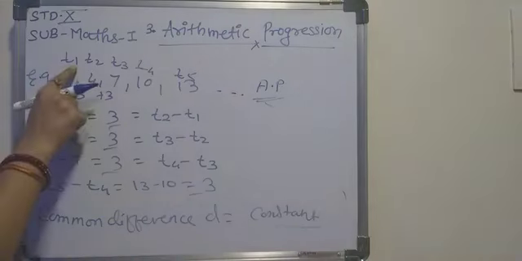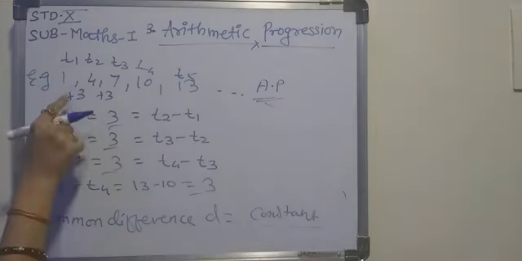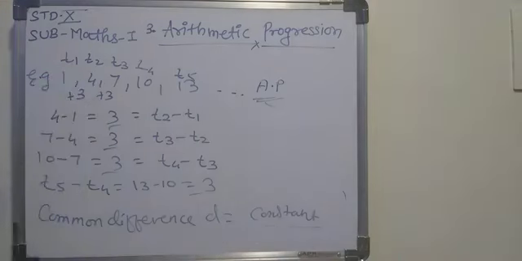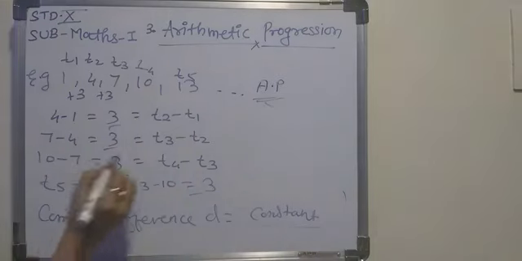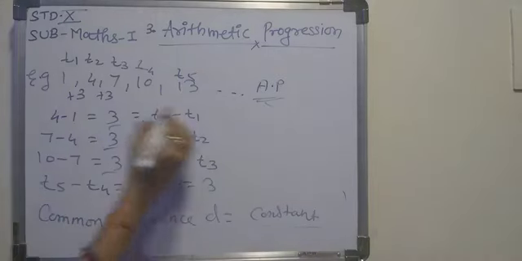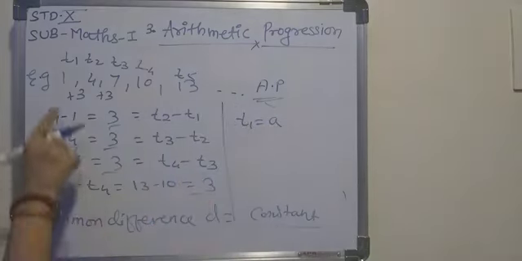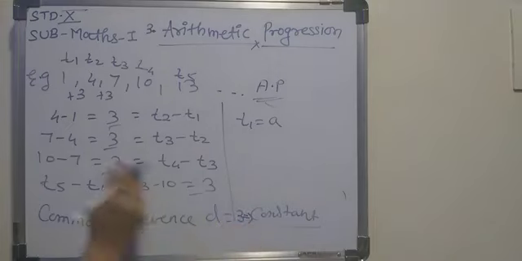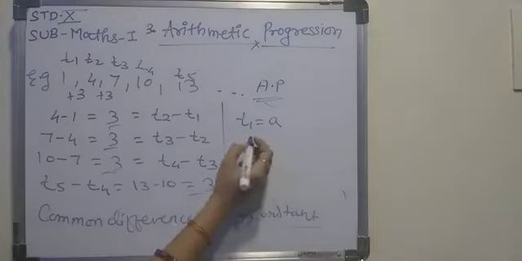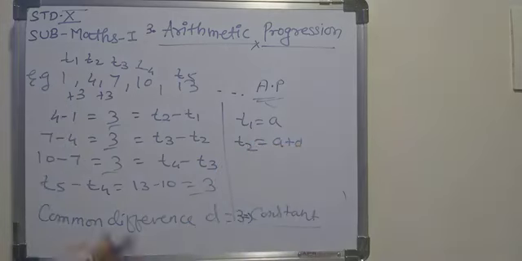Terms are represented by T, and the common difference is represented by D. Clear? Suppose we have to write this in the standard form. Your first term, T1, is also represented by A. Now, as you can see here, your D value is 3, which is constant. For T2, A plus D, means 1 plus 3 is 4.